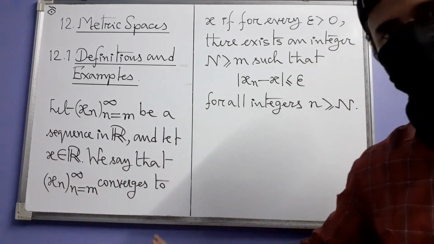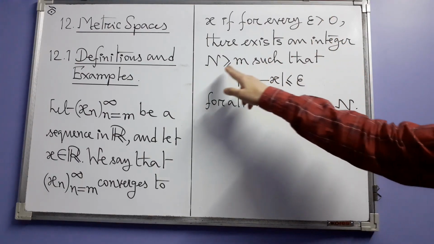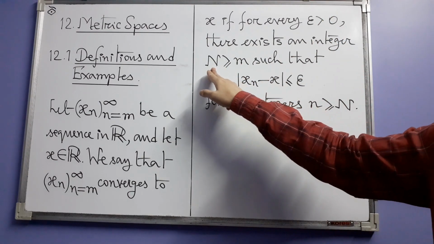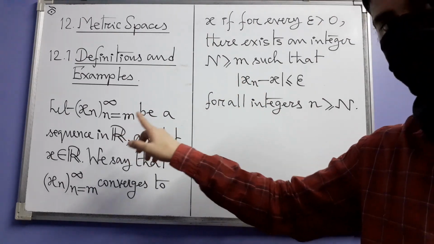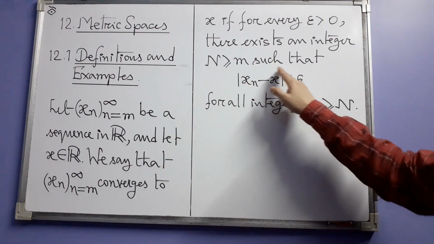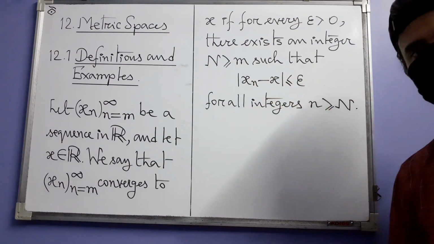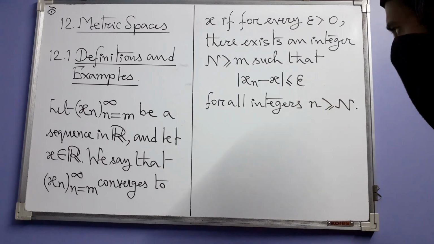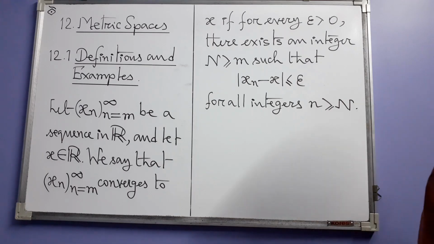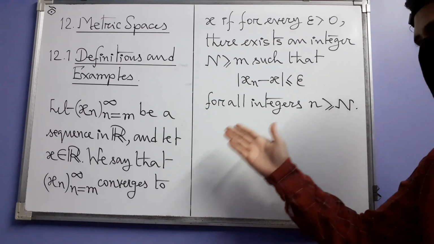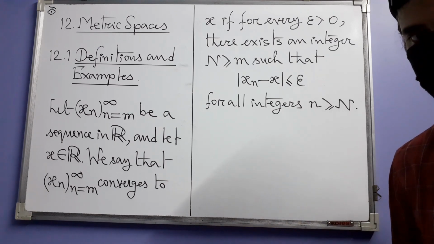We say that x_n converges to x if for every epsilon greater than 0 there exists an integer N such that the absolute value of the difference x_n minus x is less than or equal to epsilon for all index values n greater than or equal to N. The meaning of this definition also we know very well, and that's not the point right now.